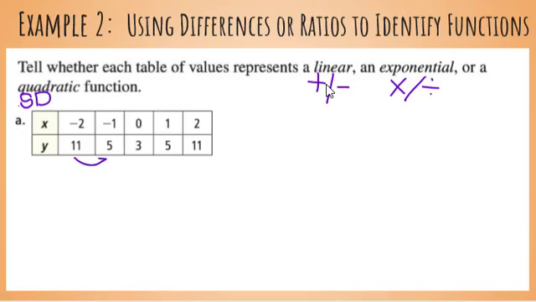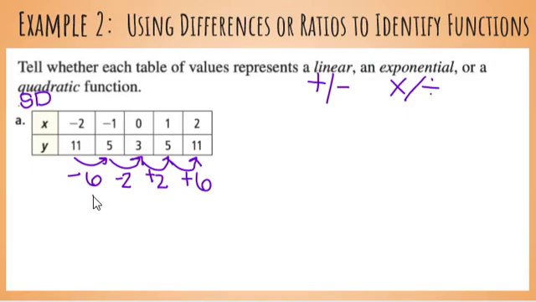First, that means we're going to look at how we're getting from each number to the next in this table. To get from 11 to 5, I'm subtracting 6. To get from 5 to 3, I'm subtracting 2. To get from 3 to 5, I'm adding 2. And to get from 5 to 11, I'm adding 6.